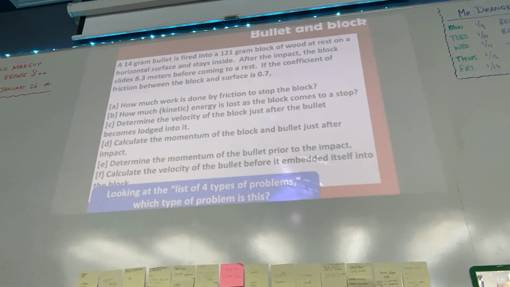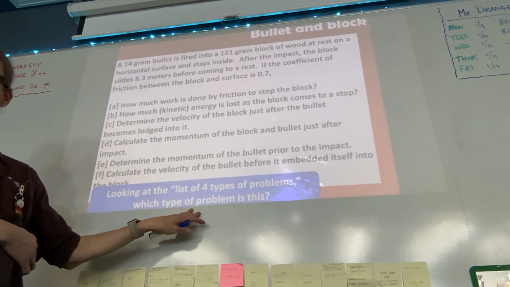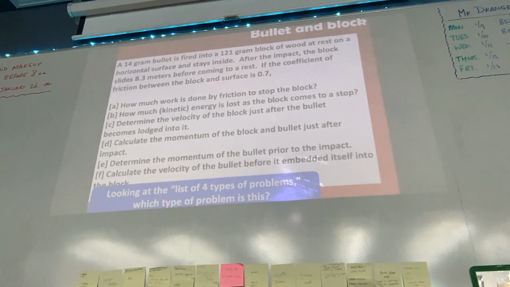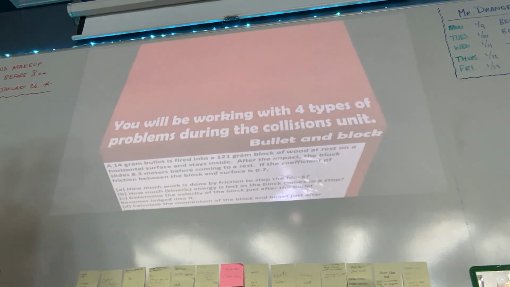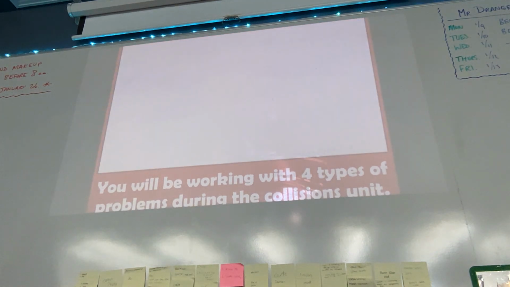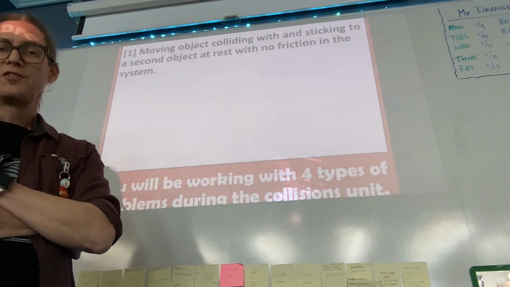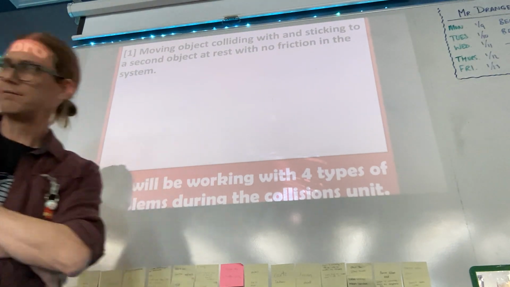So if we look at our 4 types of problems, that list we've seen a couple of times, which one would this be? Would it be an object sticking into a stationary object and sliding without friction?